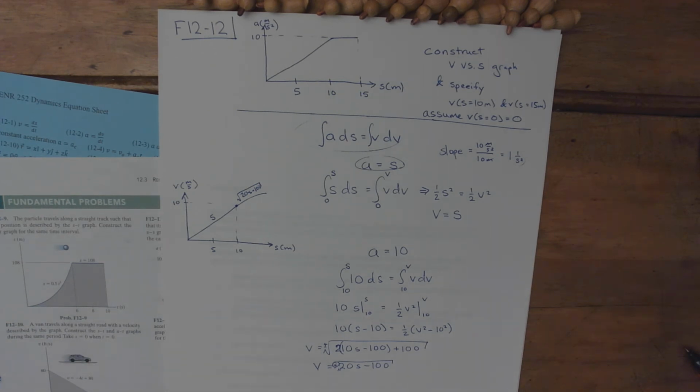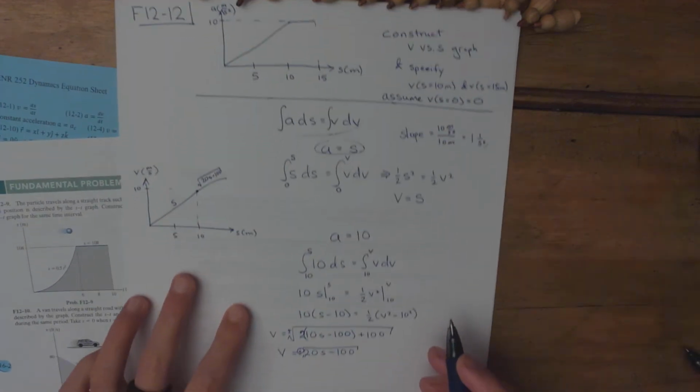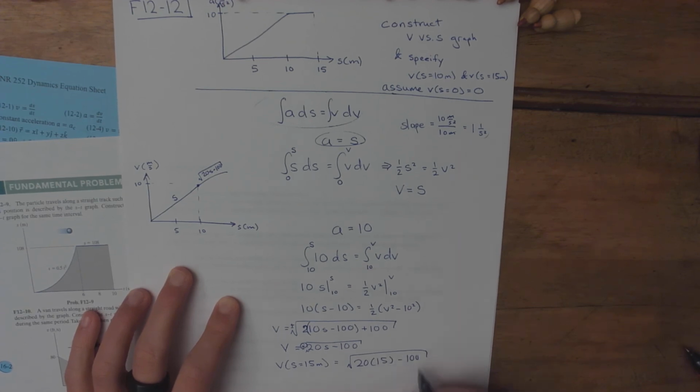Okay, so then to conclude, we have to find the velocity when s is equal to 15 meters. That's easy. The velocity when s is equal to 15 meters, we just plug 15 in here, so it's the square root of 20 times 15 minus 100, and you can plug this into your calculator, you should get 14.1, and let's stick some units in there.